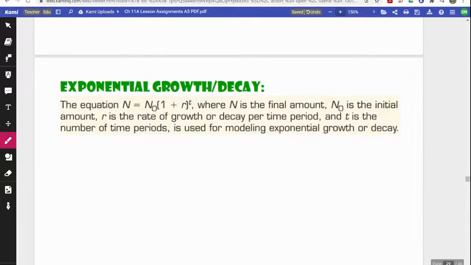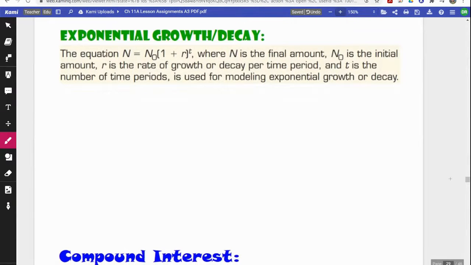All right, and then we have another situation where this is an exponential growth and decay, and then we're given a rate of growth. So not necessarily like double or triple or halved like the previous basic exponential growth and decay. R is typically a percent or some value that's a rate of growth or decay per the time period. And this formula may look kind of new. N is your final amount.